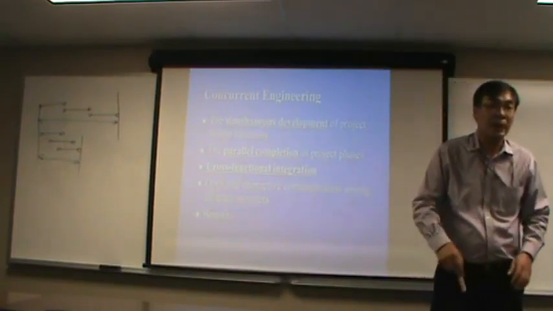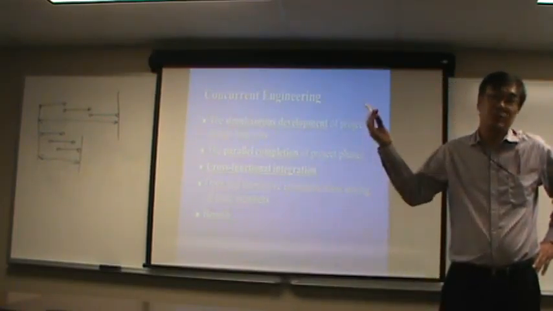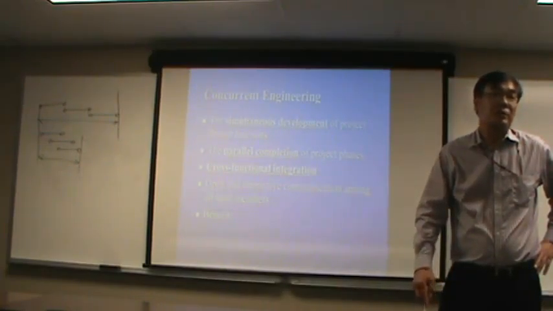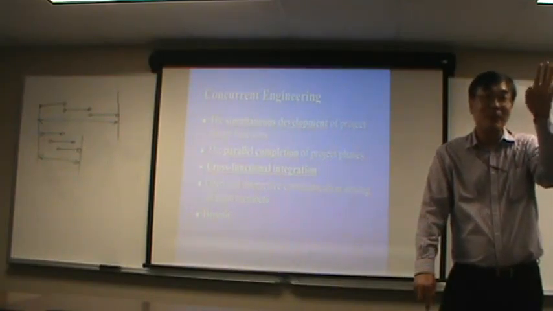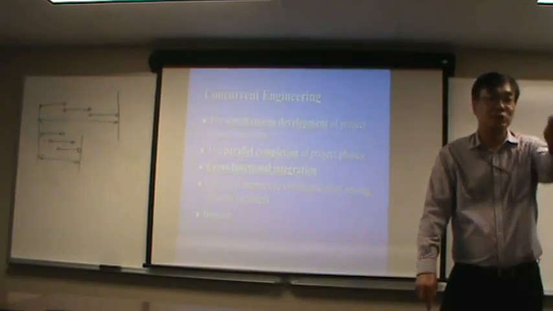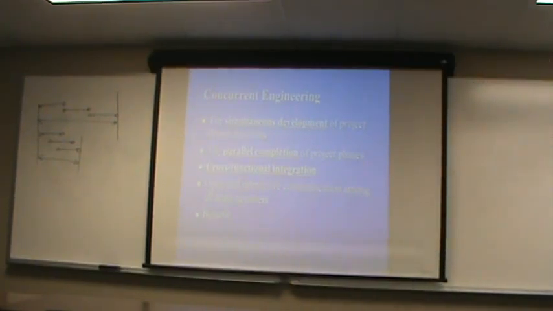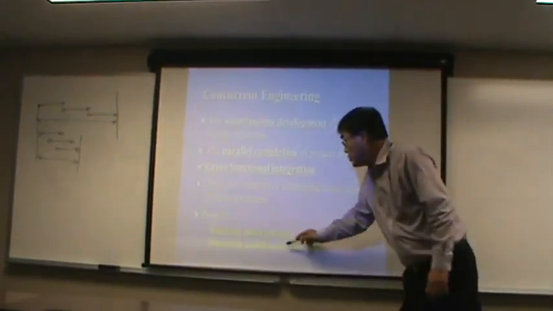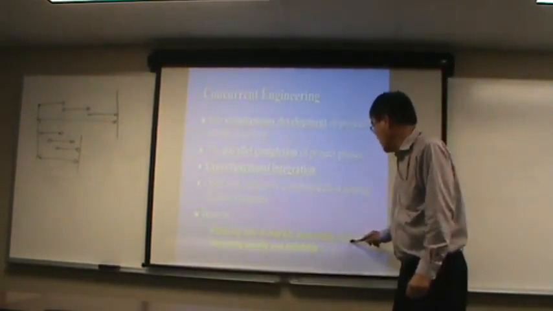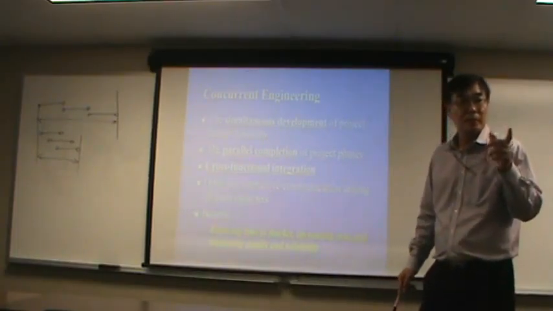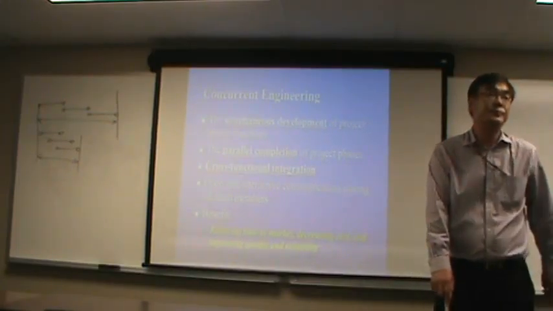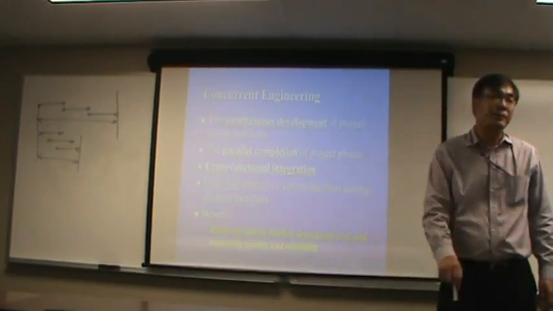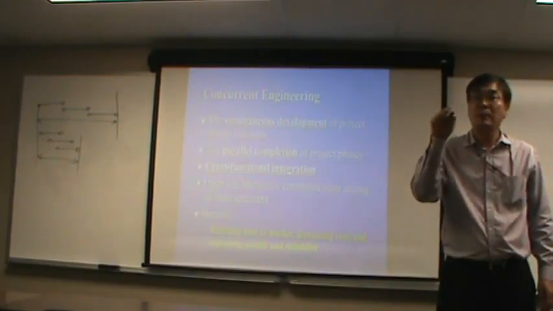So benefit, guess. If we can use concurrent engineering, what can be the benefit? Faster, better, cheaper. The textbook says reducing time, faster, right? And decreasing cost, cheaper, and improving quality and reliability, better. So design is part of operations management.